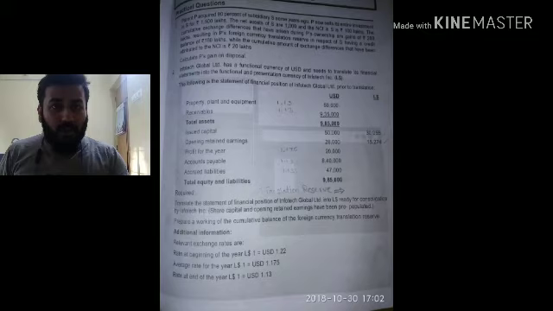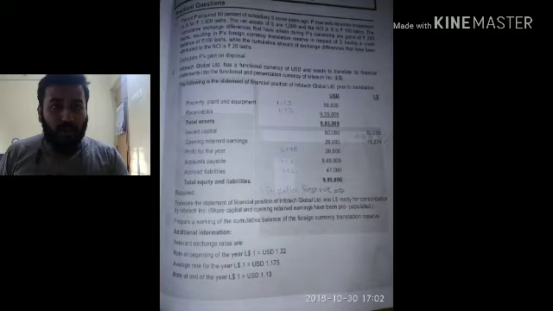Now we are quickly applying the concepts we have learned before to this particular sum. First of all, we will bifurcate which are the monetary items and for which items we require translation and for which we do not. First, property, plant and equipment: yes, we require translation.